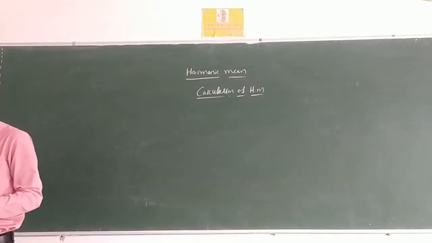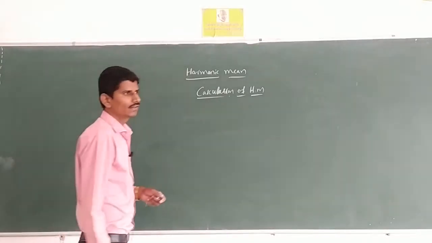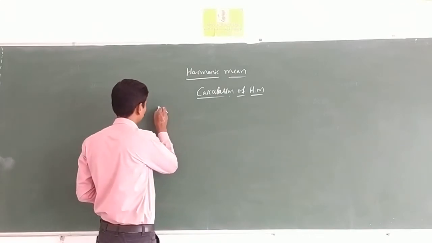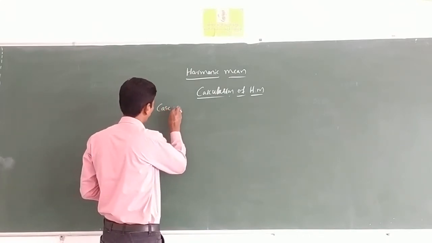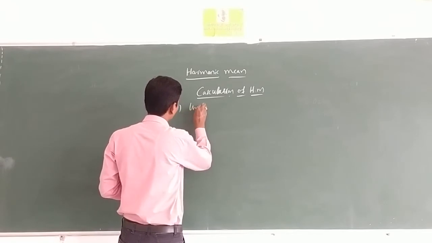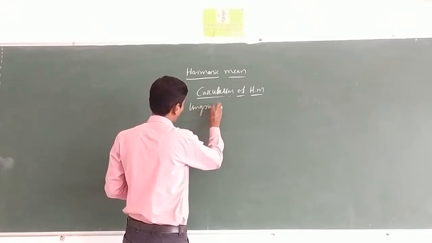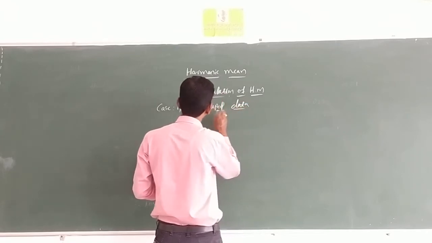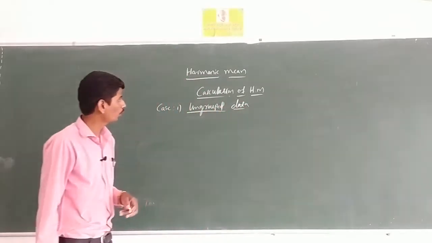There are two types of data: one is ungrouped and the other is grouped data. First case, ungrouped data.